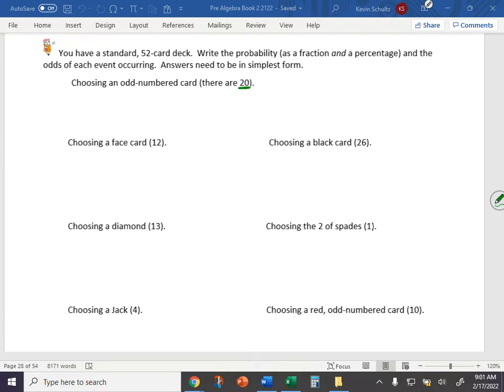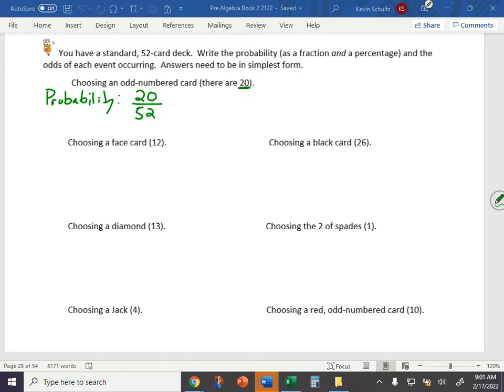So what is the probability of choosing an odd numbered card? If there are 20 of them out of 52 cards possible. Shay? 20/52, right? 20 successful out of 52 possible.